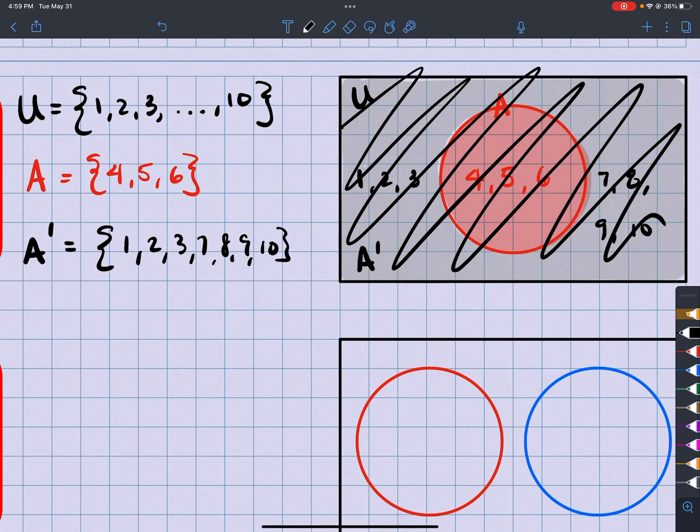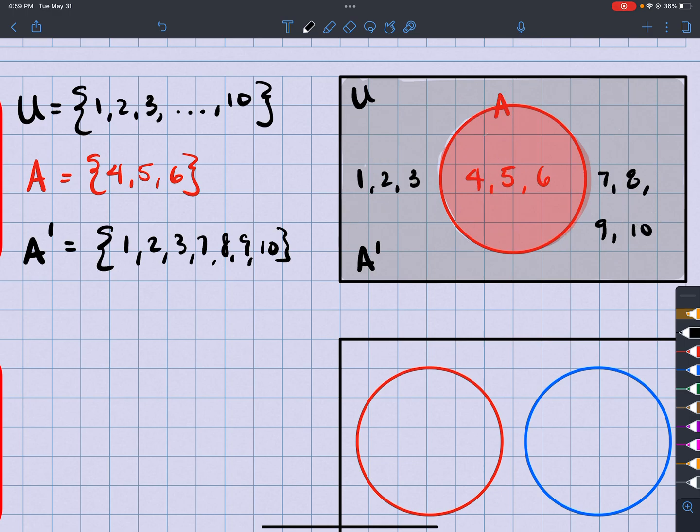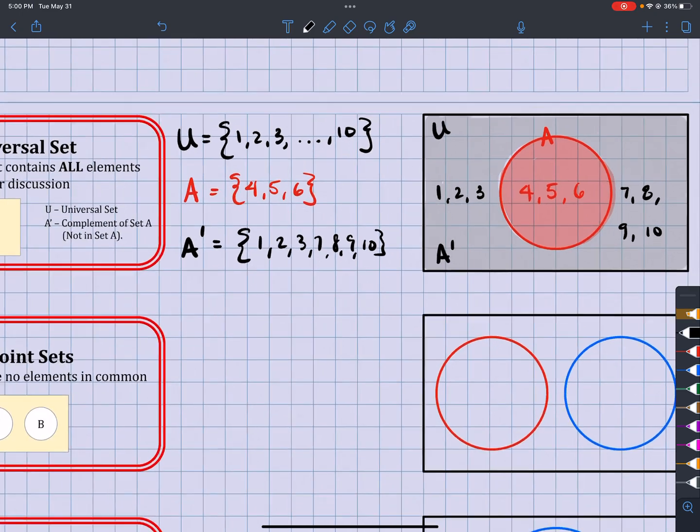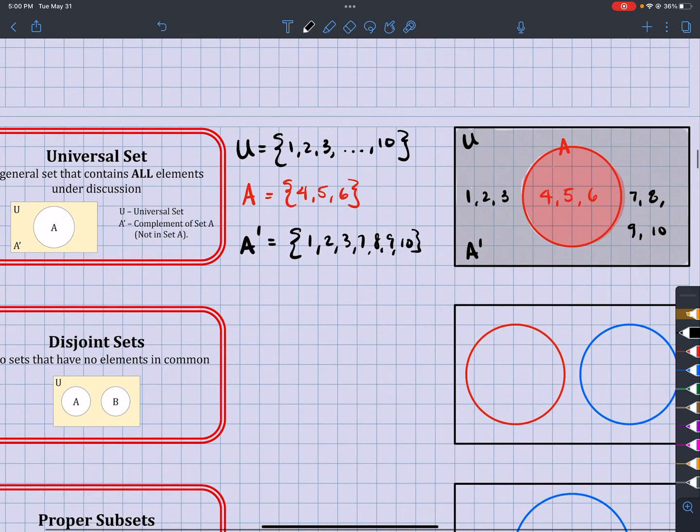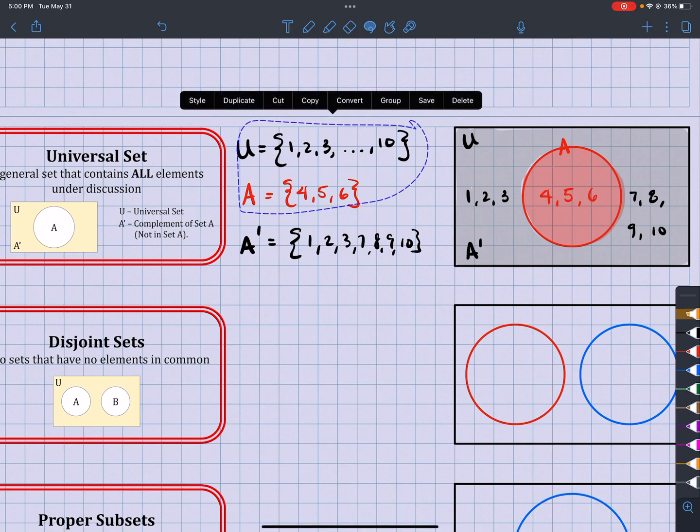Just because it looks like the not A is the universal set, it is not. It's only part of it. Both of them together, the gray and the red, make the universal set. So please be careful with that and not mix them up. I'm going to be consistent with the universal set and the set A here.